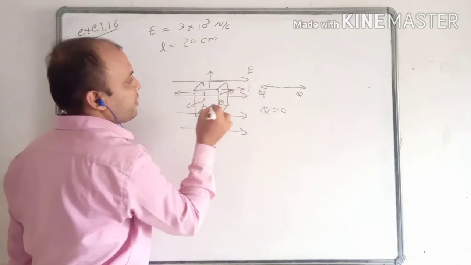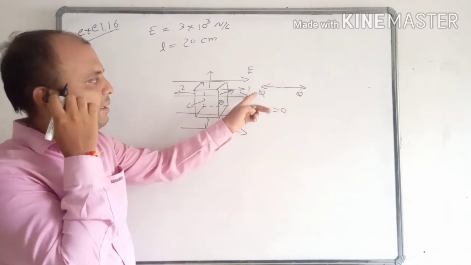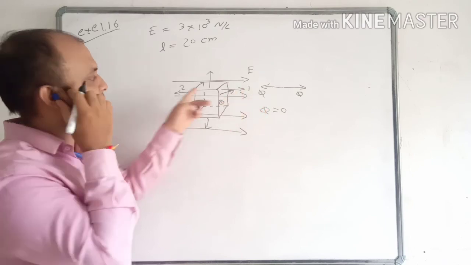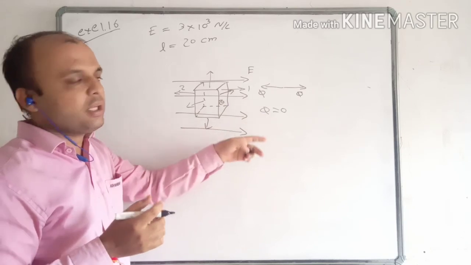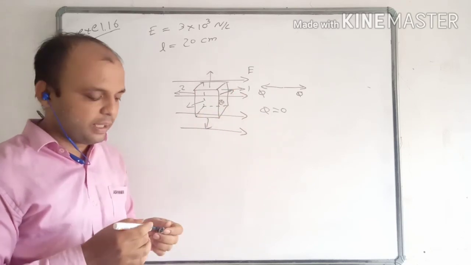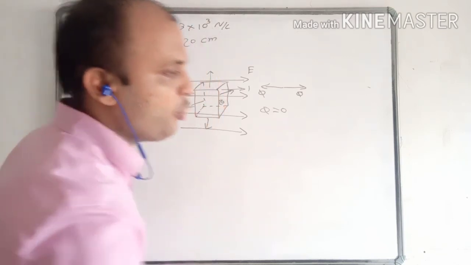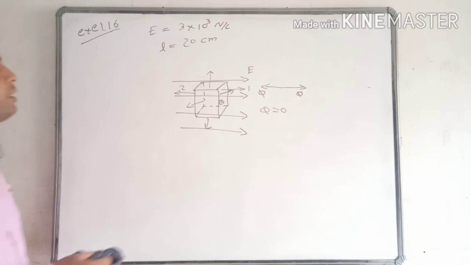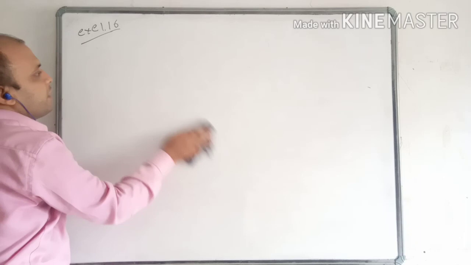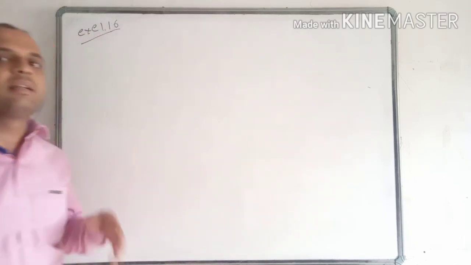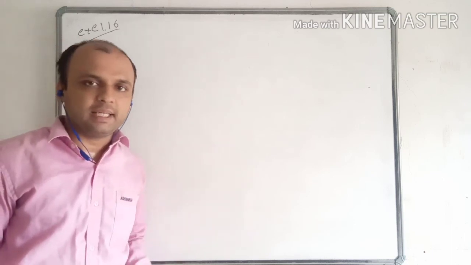Let's say this is 1 and this is 2. The value of flux in one direction is exactly the same but opposite in the second direction, so the net flux will be 0. The rest four sides don't have any flux because they are parallel, so they don't produce any electric flux. So the change in length doesn't affect the value of electric flux.